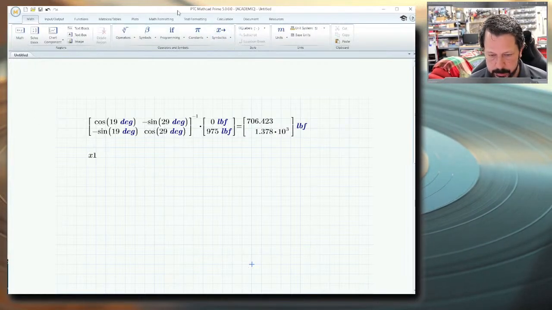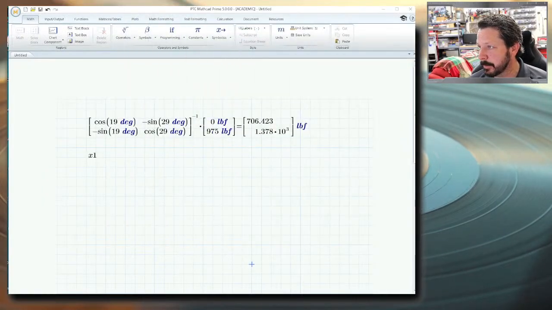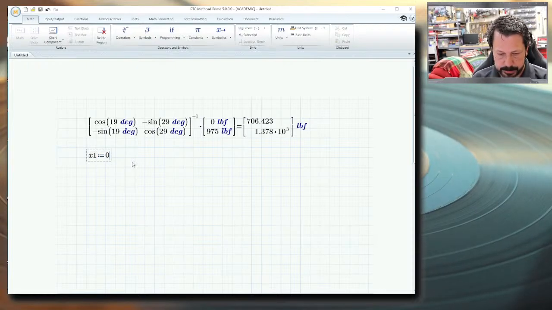I'm probably going to move this over so that I can look at it and type these in for you. These are actually dimensions, they're meters as shown in the problem. I don't know that it's going to be important to put meters in here, so I'm going to leave that off. Normally I tell you to put units on everything, but just to speed things up, I'm not going to put them on these. But these are all meters.